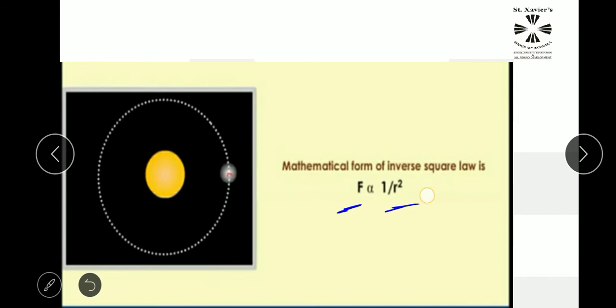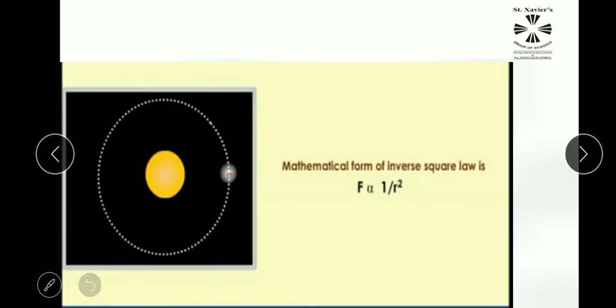If r is changing, F will change, because as I said, everything else is constant, only r square is variable. So as distance changes, force also changes, and we can say F is inversely proportional to r square.